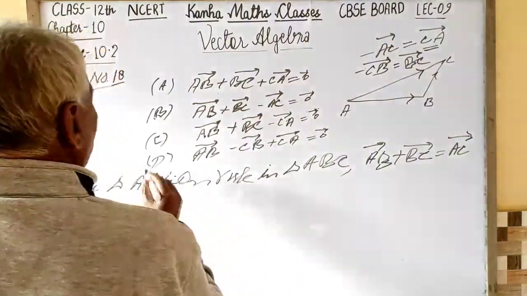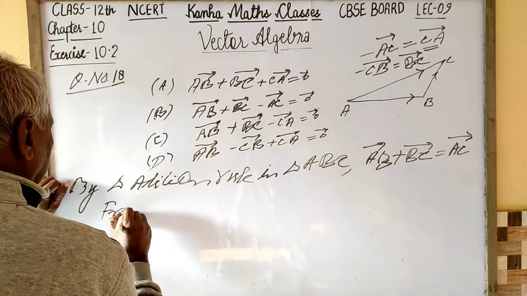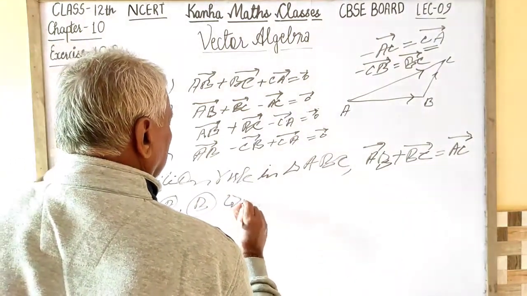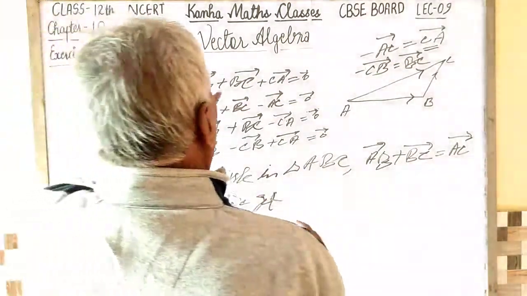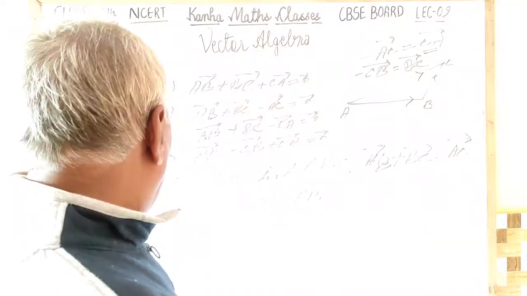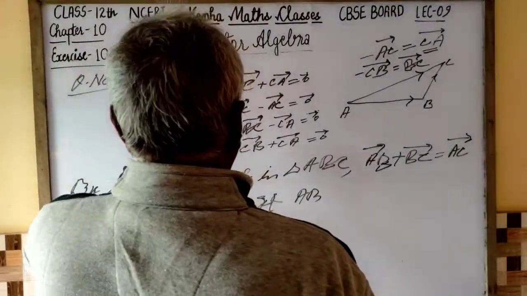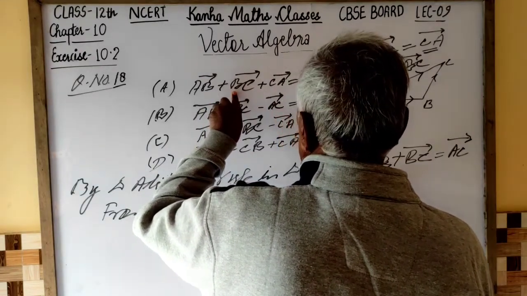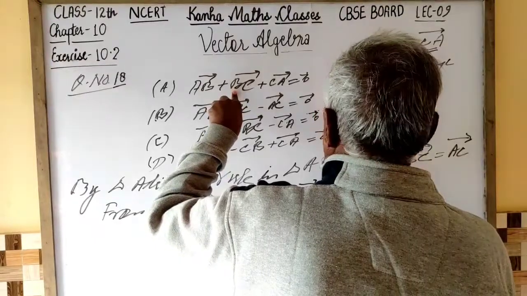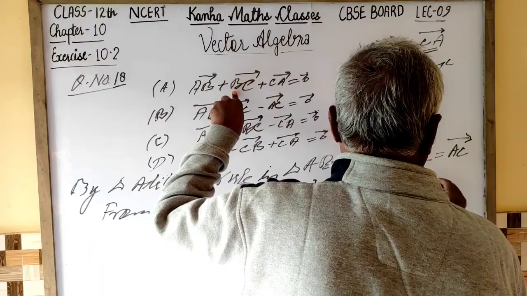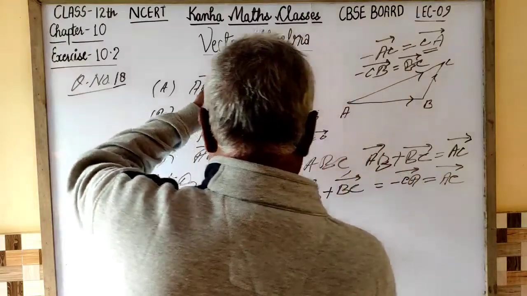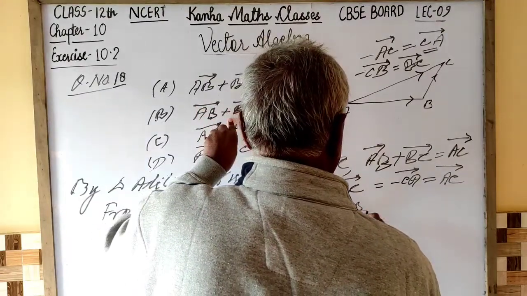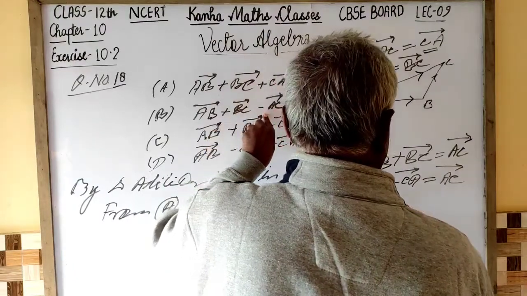Hence, from the options we get AB plus BC is equal to minus CA, and AB plus BC is equal to AC.